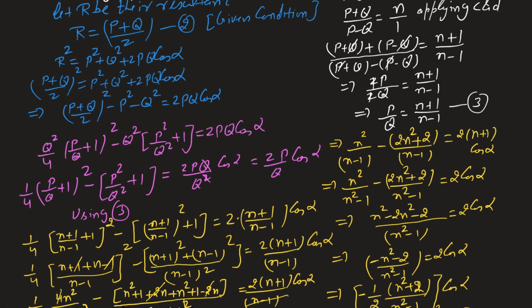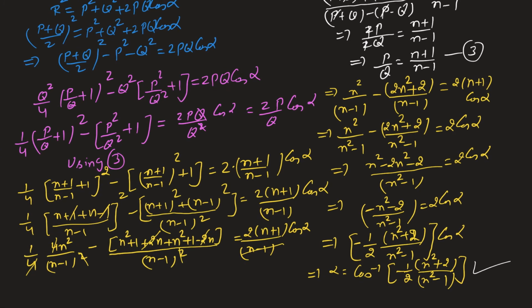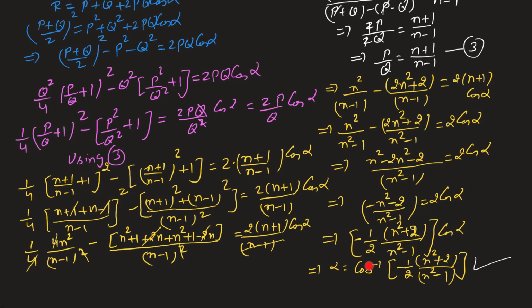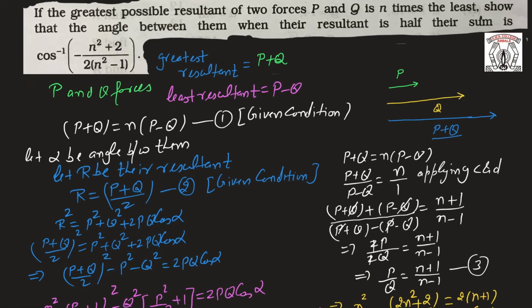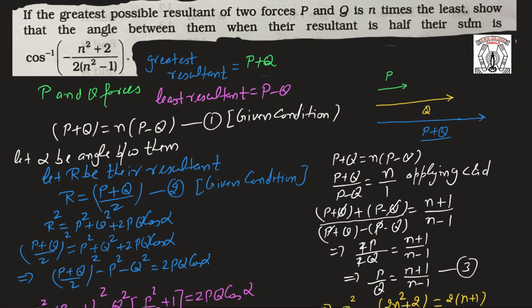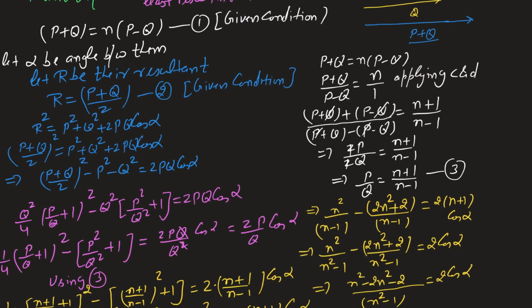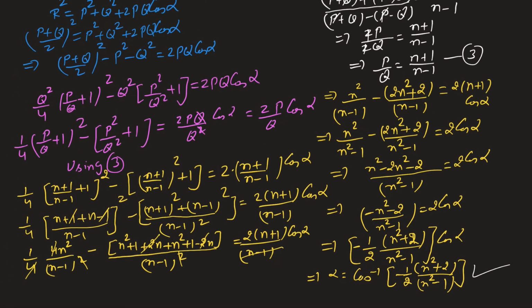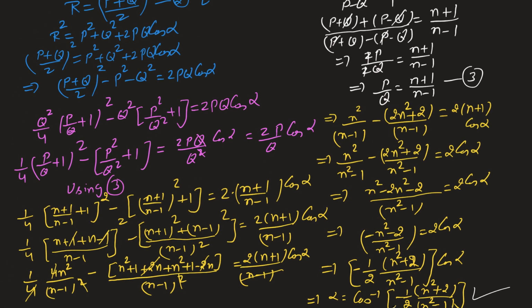You could once again see that cos inverse minus 1 by 2, n square plus 2 by n square minus 1, this was required to prove. So this thing, cos inverse minus n square plus 2 divided by 2, n square minus 1, this was required to prove, and we have been successful in proving the result.